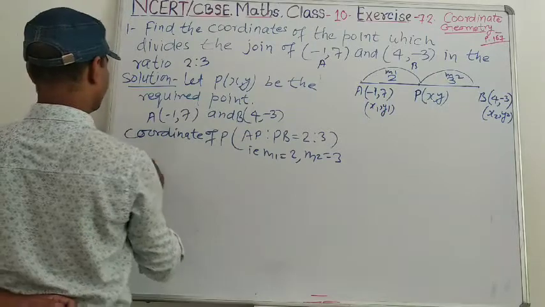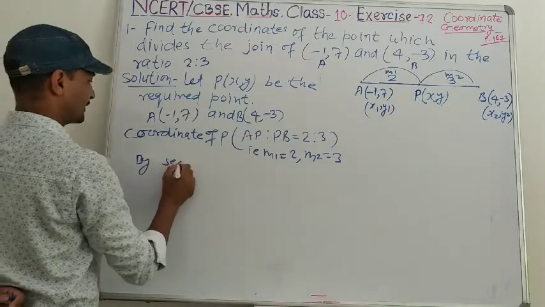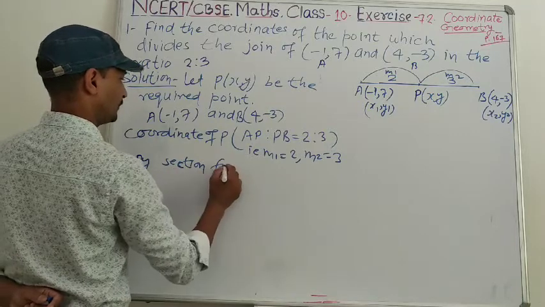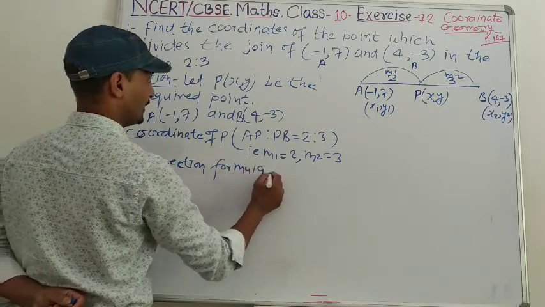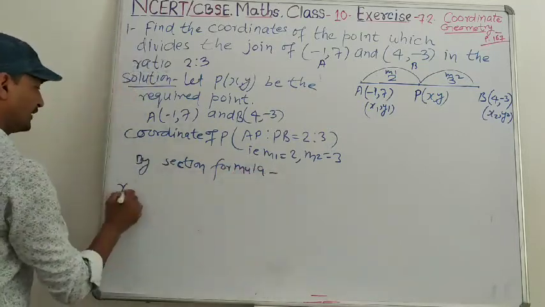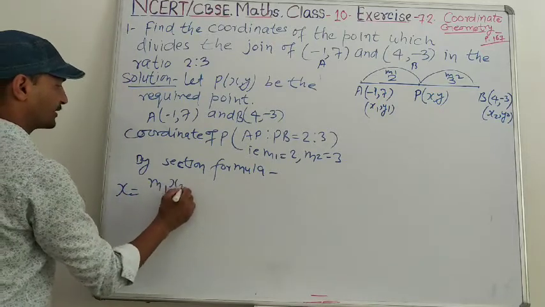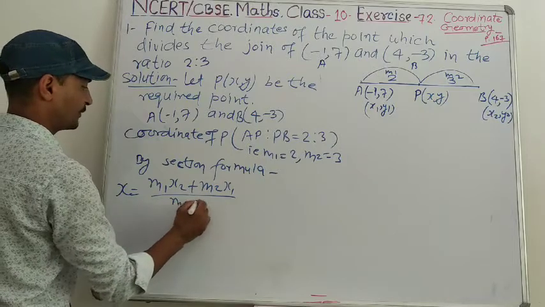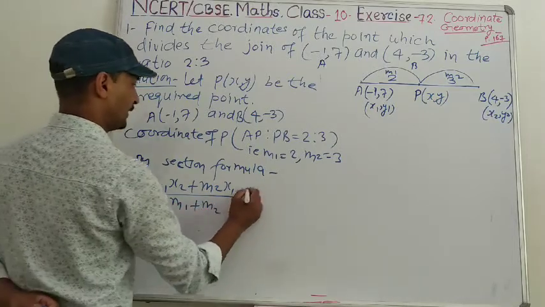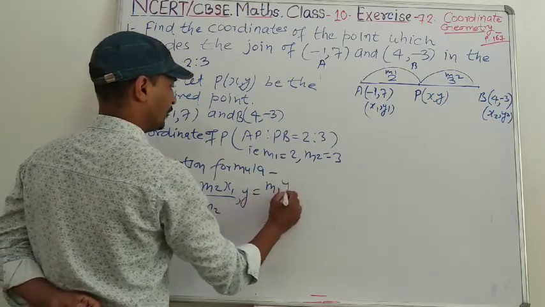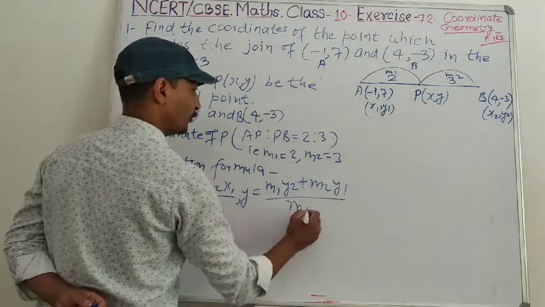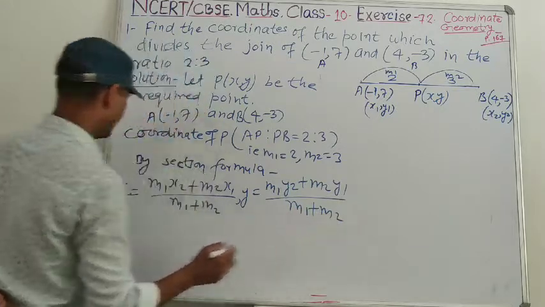So we use the section formula. Just write x equal to (M1 x2 plus M2 x1) by (M1 plus M2) and y equal to (M1 y2 plus M2 y1) by (M1 plus M2).